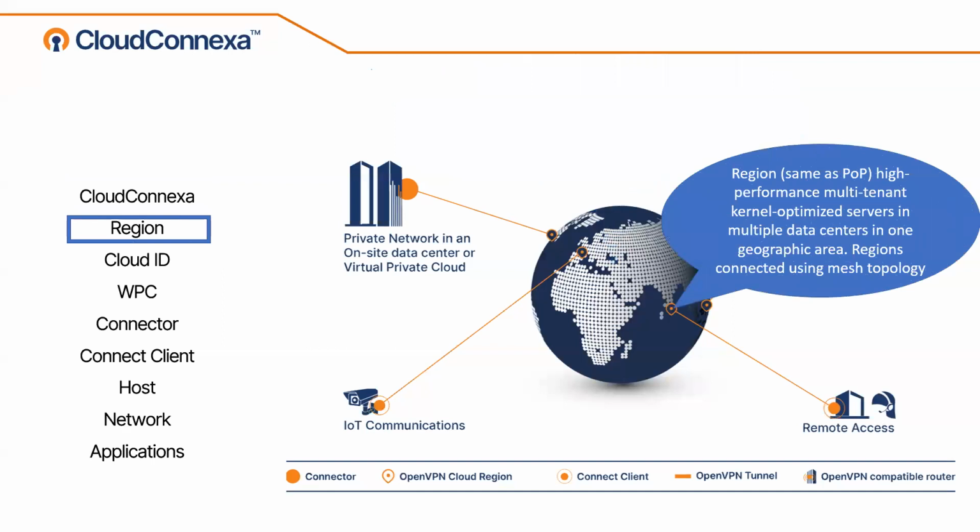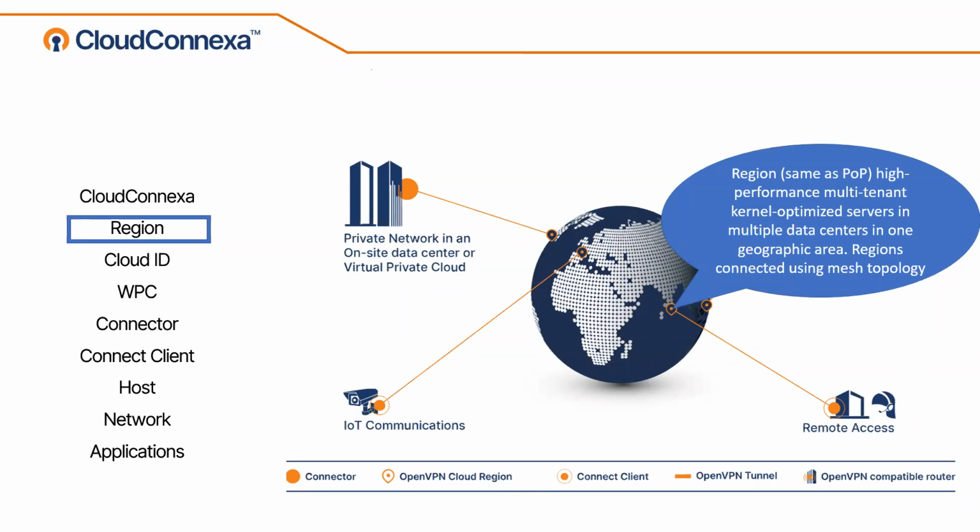Now, these 30 plus locations or points of presence are called regions in CloudConnexa. And you can think of them as data centers where we host our kernel optimized high performance servers, basically. These regions interconnect to each other using a full mesh topology, which ensures that there is always a direct connectivity between our regions, which makes the connectivity performance very high because you reduce the latency.